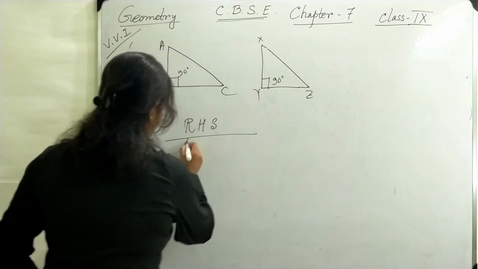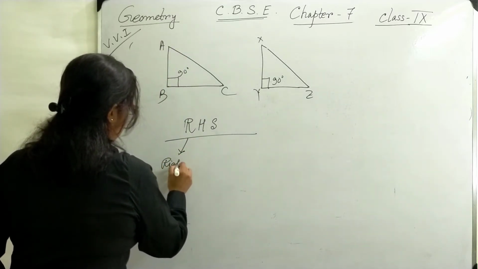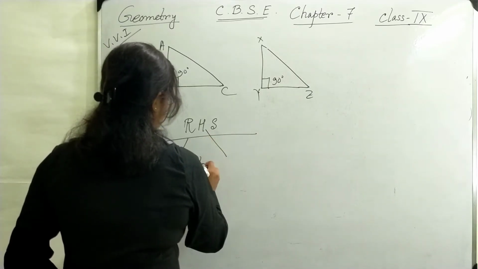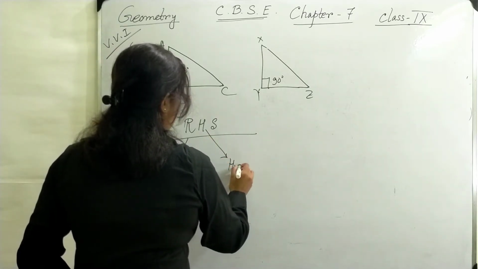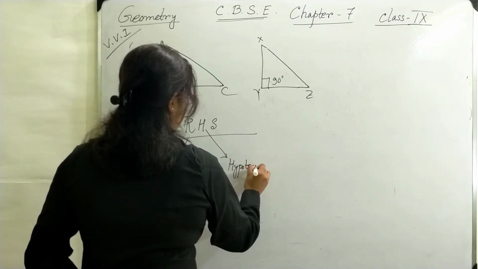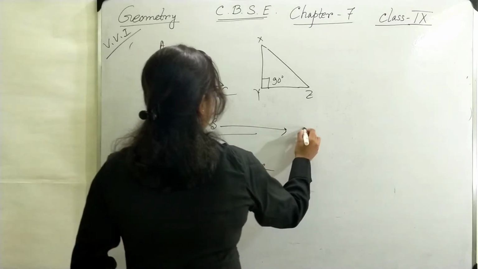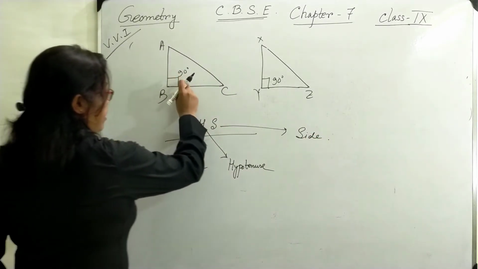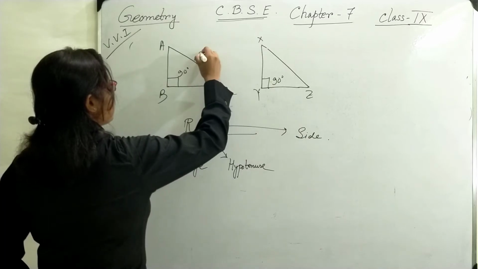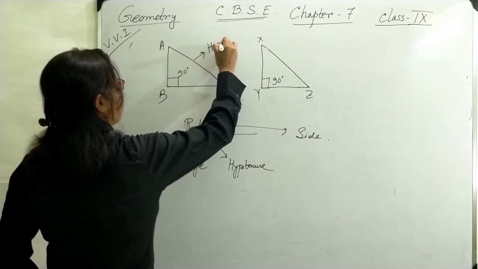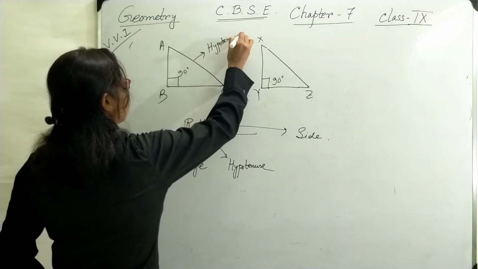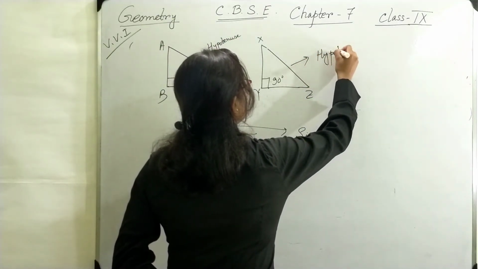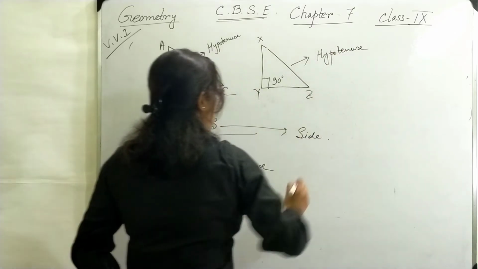What is this? R for right angle, H for hypotenuse, and S for side. That means when there is a right angle, hypotenuse, and side.